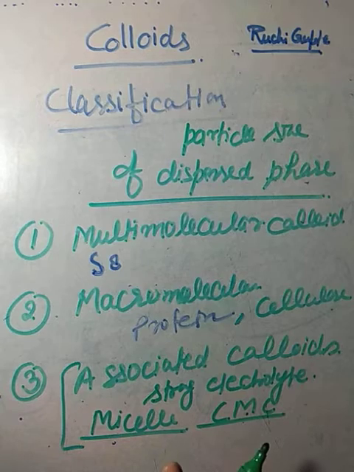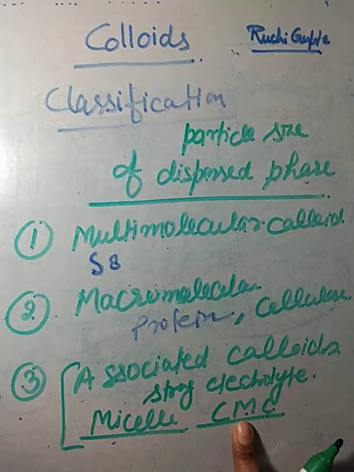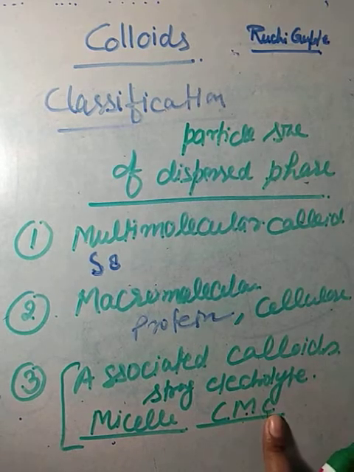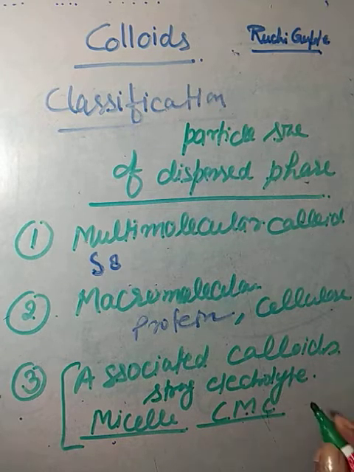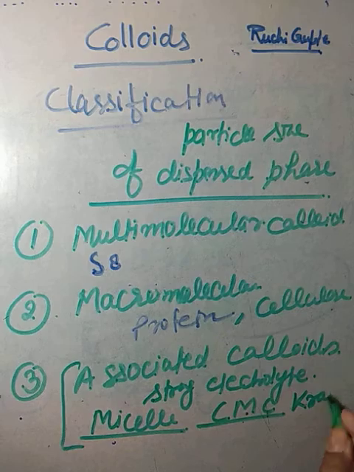For this, what is required? The concentration of the electrolyte or the soap or any substance which you are taking should be more than CMC, that is critical micelle concentration. As well as this type of micelle is also formed above a particular temperature which is called Kraft temperature.